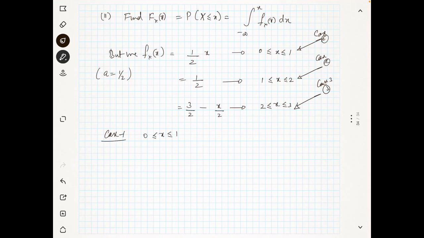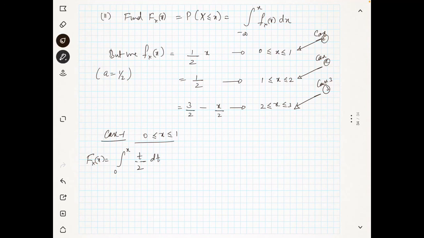So we have to integrate. If x is between 0 and 1, F_X(x) is nothing but the integral from 0 to x of x by 2 dx. Usually we will use the notation t to avoid confusion, so dt.